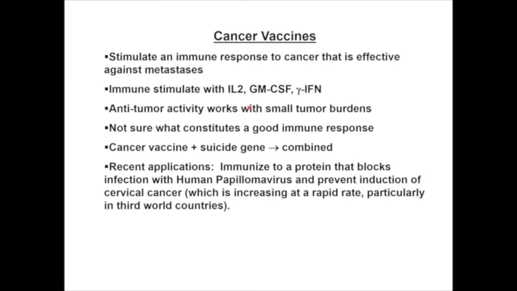I will mention cancer vaccines. One idea was to create some sort of virus that would stimulate immune responses, not just enhance TNF expression, which is what Ralph had tried to do, but to stimulate IL-2, GM-CSF, or gamma interferon expression. The problem was they weren't sure what would constitute a good immune response. It wasn't that good to induce all of these.